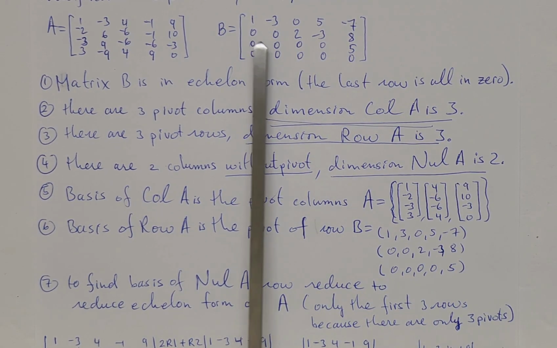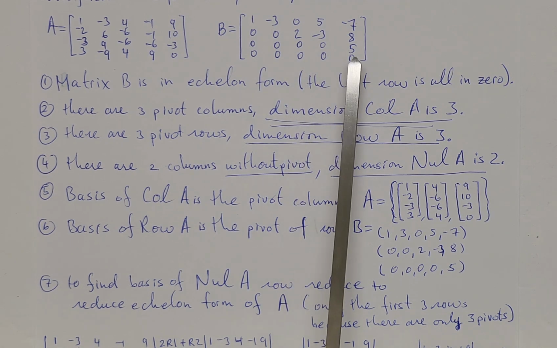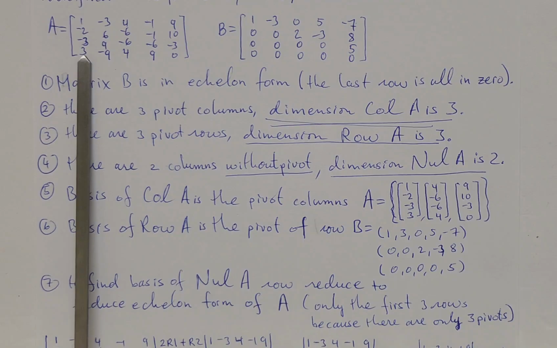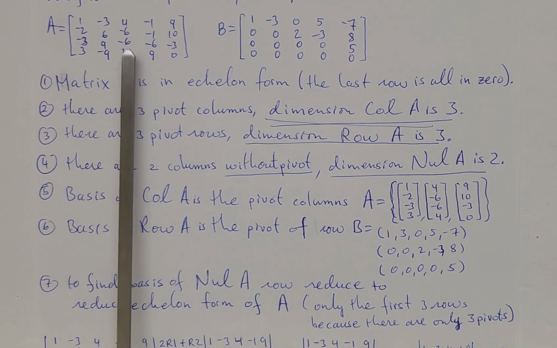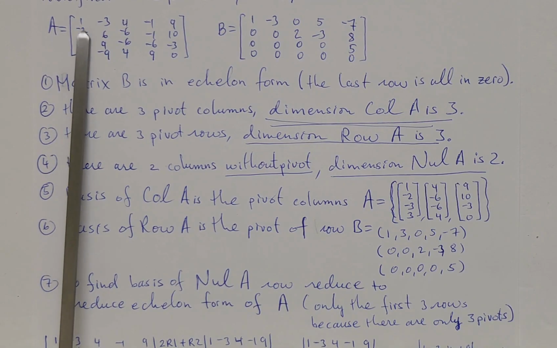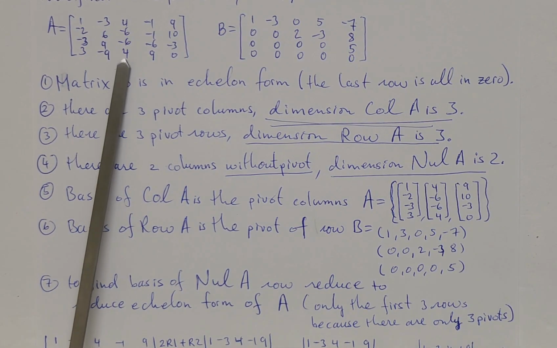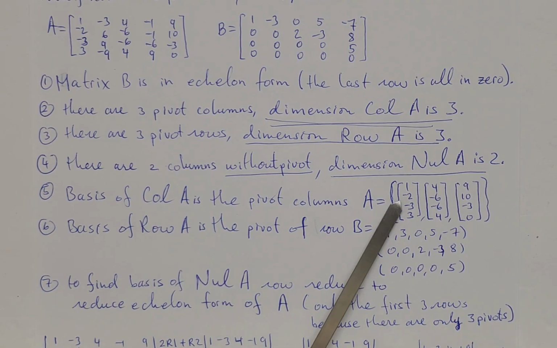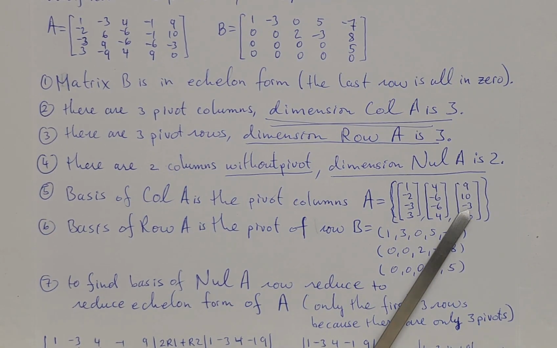So we're using column 1, column 3, and column 5 from A. Here's the first, second, and third column. You only use the columns that have a pivot.